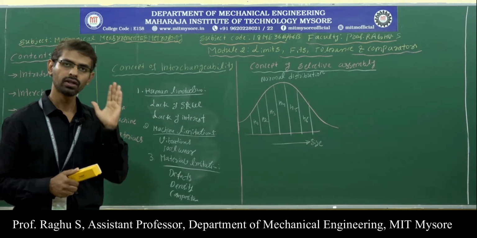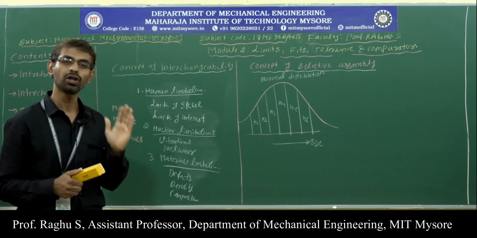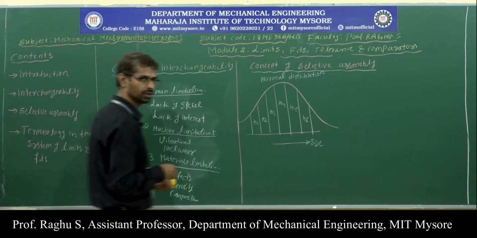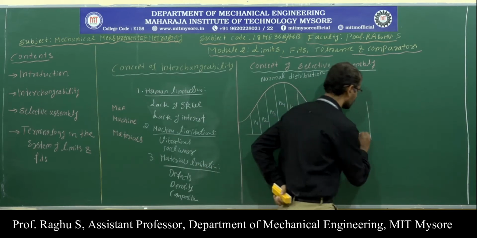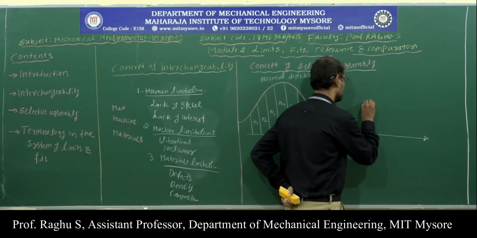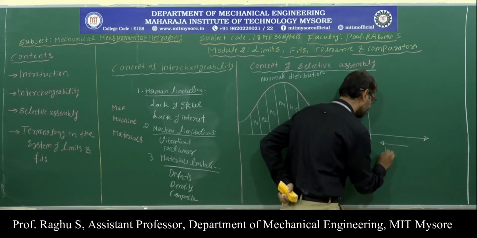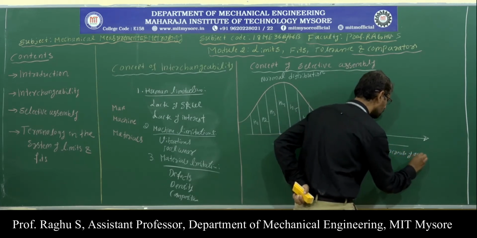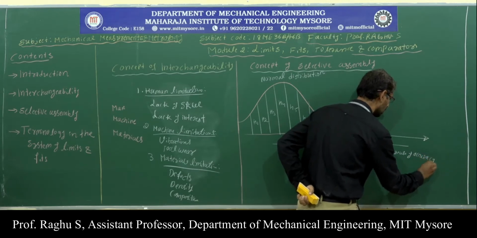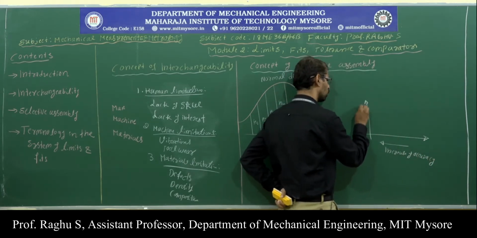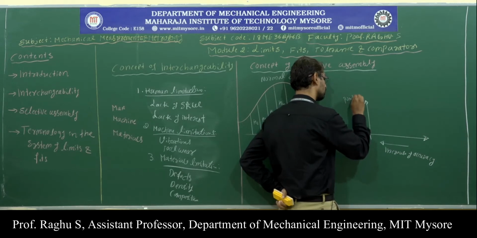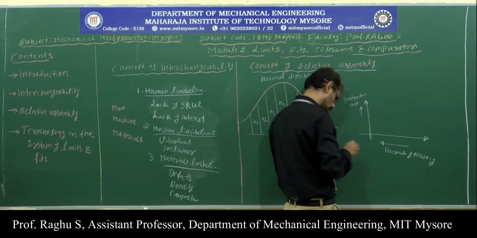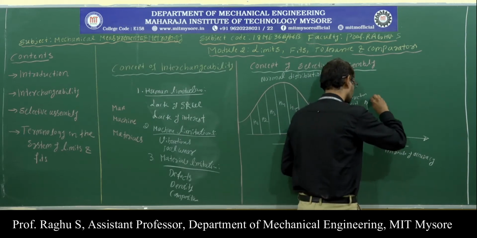If you try to produce the component to exact size, then the production cost will increase. Here the x-axis is increase of accuracy and the y-axis is production cost. The graph will be like this.